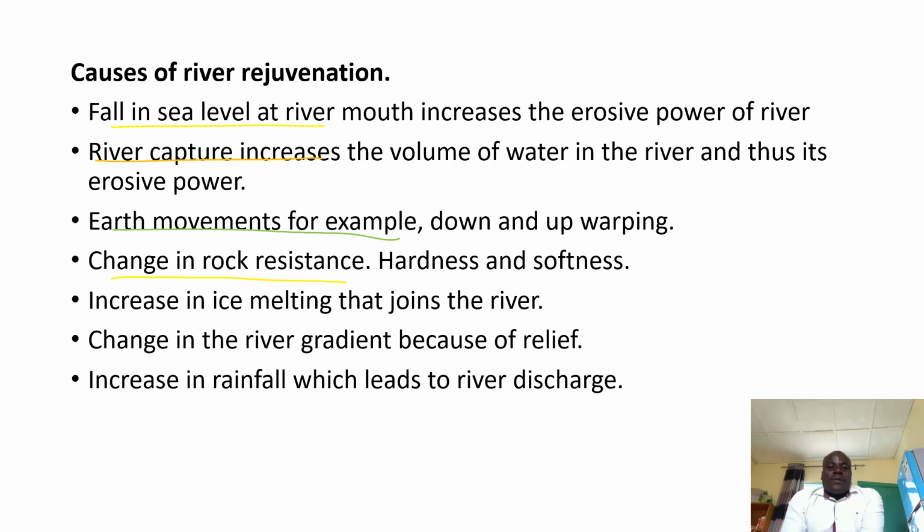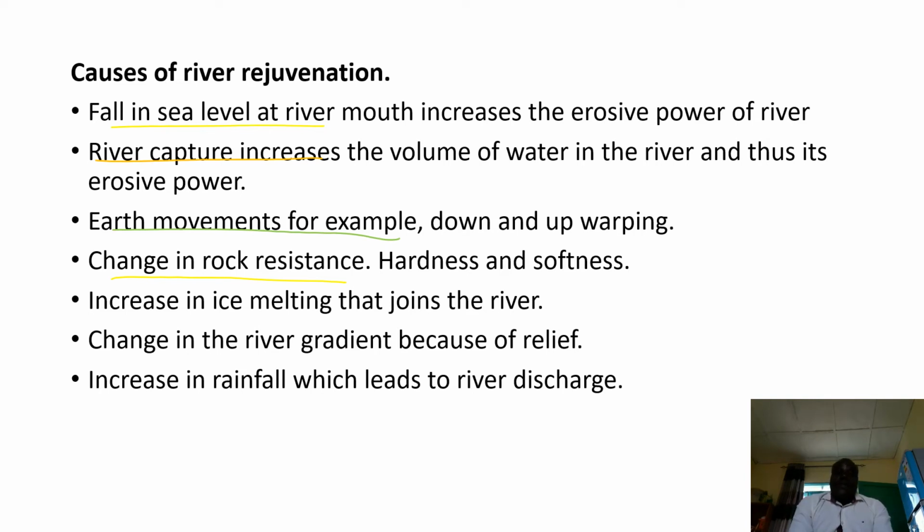Change in river gradient. The angle of the slope at which the river flows can determine its rejuvenation. For example, when the river is flowing on a gentle gradient or on a flat gradient, and finally other factors dictate and it begins flowing on a steep gradient, it will still erode regardless of the stage where it has reached.